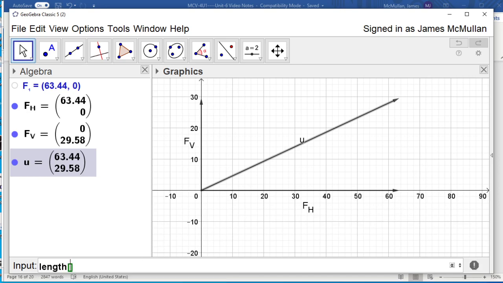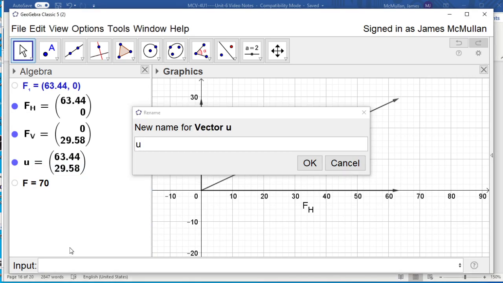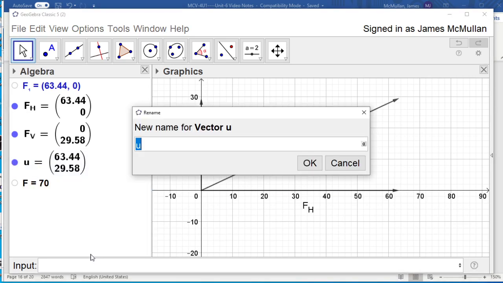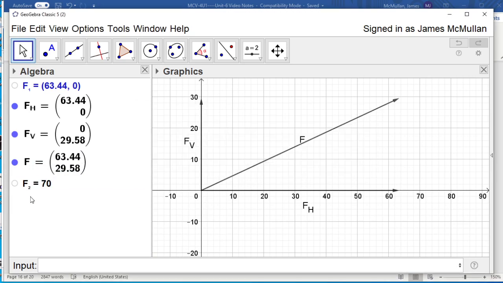Let's check the length of the force to make sure I did this right. So you can see the force here. I guess we could rename this to just F. The force has a magnitude of 70, and that 70 is made up of 63.4 newtons to the right and 29.58 newtons up.